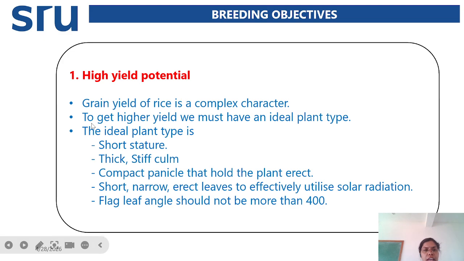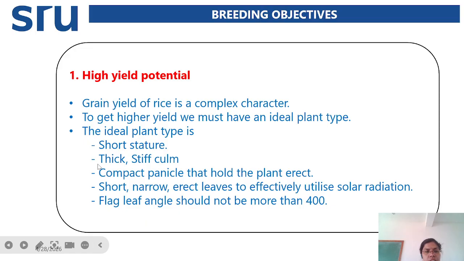In case of rice, to get the higher yields, the plant should have a short stature, as well as it should have thick and stiff culm, and it should have compact panicle, and it should have short, narrow, and erect leaves to utilize proper solar radiation. So these are some of the ideal plant types.